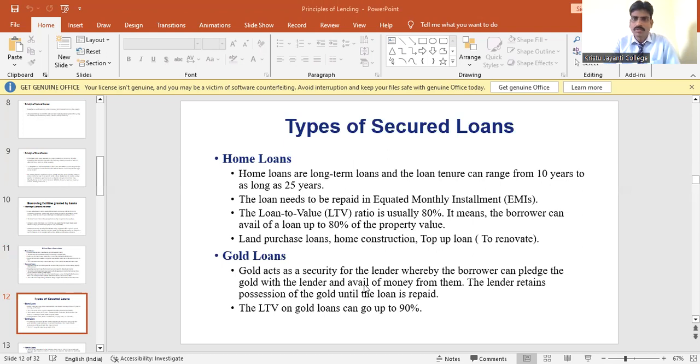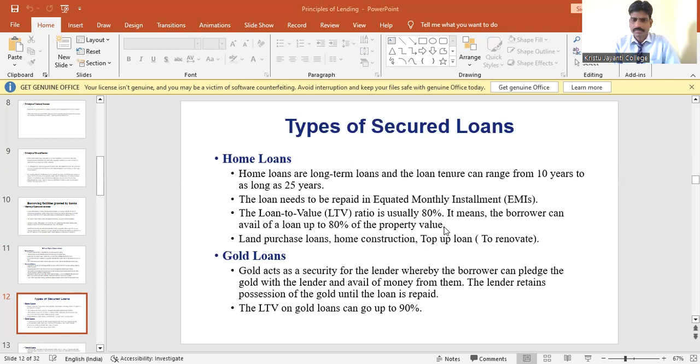Then the loan amount follows the LTV ratio, which means the borrower can avail a loan up to 80% of the property value. If you provide an asset as collateral, only 80% of the collateral value will be provided as a loan. That is called loan to value.